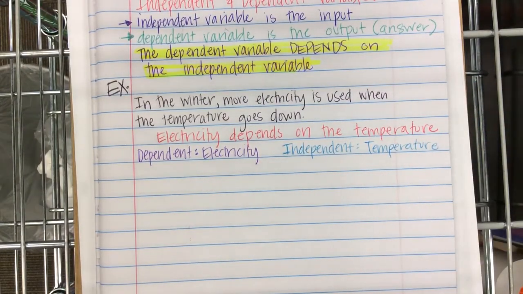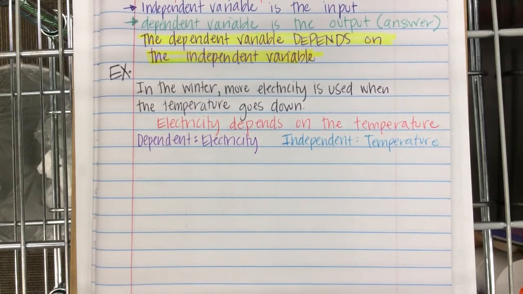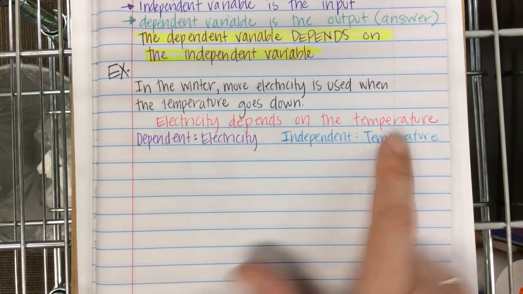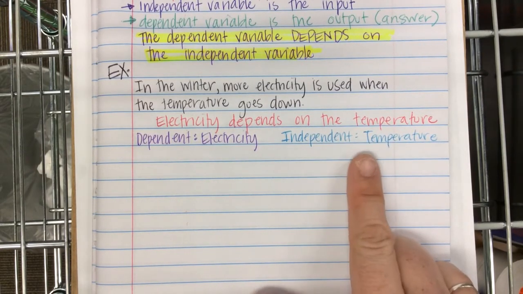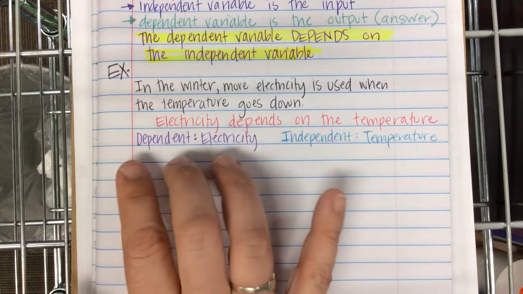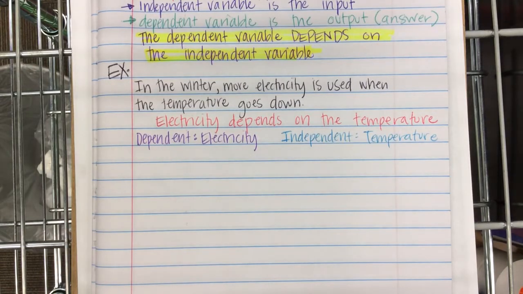If Mr. Long wants to save some money, which one can he control? The electricity. He cannot control the elements. Independent, we can't control the temperature, but we can control the amount of electricity.